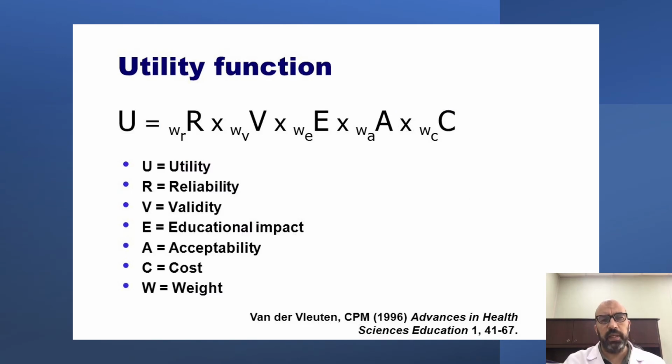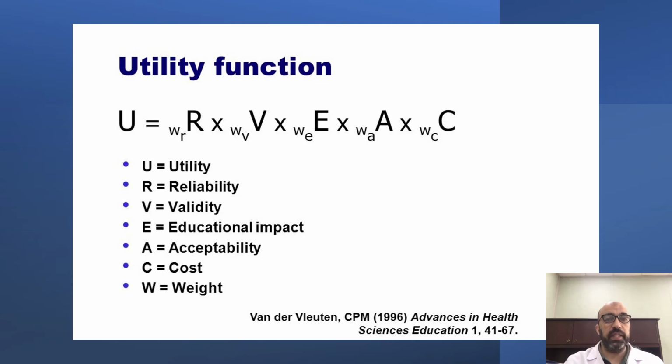And we need to remember the utility function or utility formula about assessment, for any type of assessment, including workplace-based assessment. R, reliability. V, validity. E, educational impact. A, acceptability. C, cost. And W is the weight. Remember that it is not a mathematical formula, but unfortunately, if any of its elements is zero, the assessment fails.